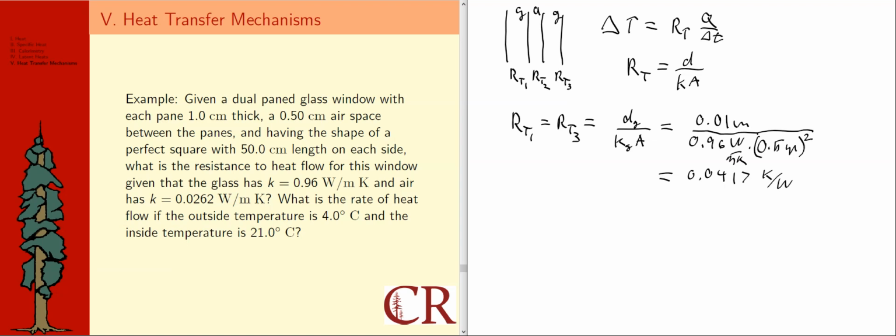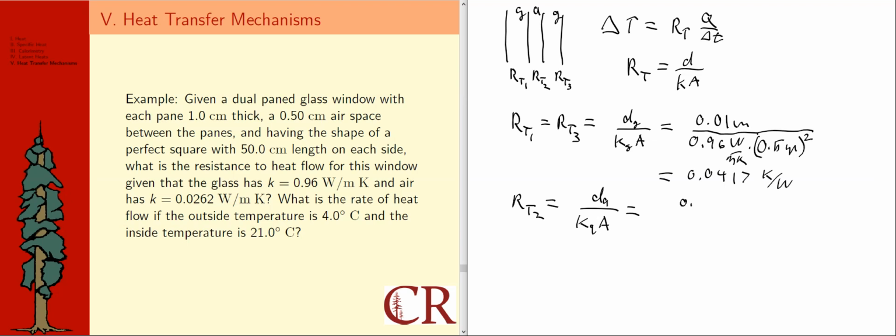And then we're going to want to sum all these up once we're done, but I need to find the resistance to heat flow for the air part. So that was RT2. For that one, I'm going to use the thickness of the air gap in the window pane, the thermal conductivity of air, and the same area of that trapped air between the two panes.